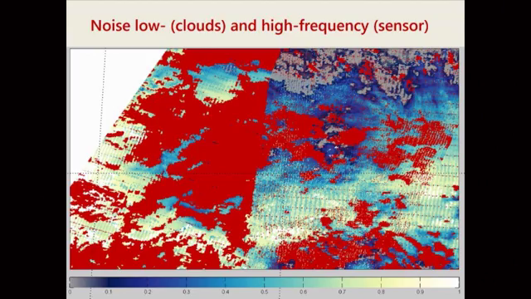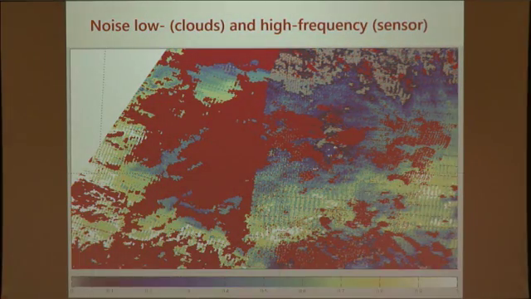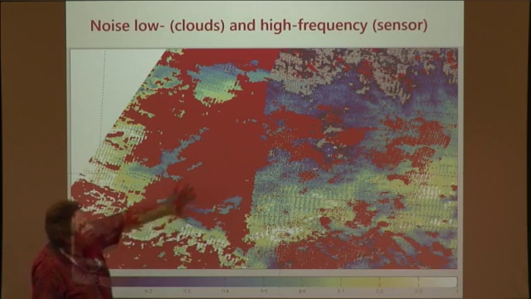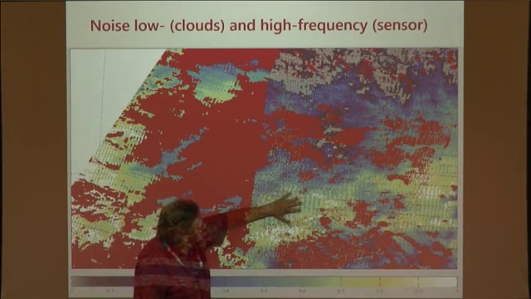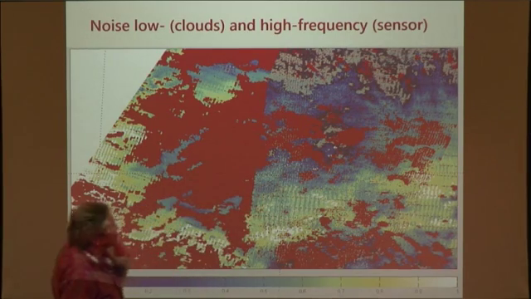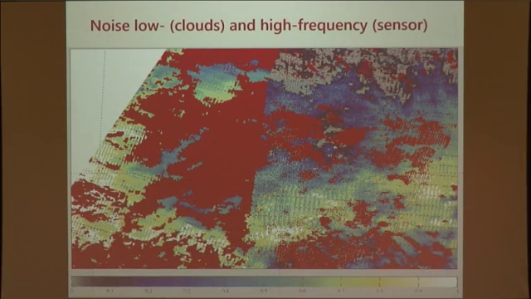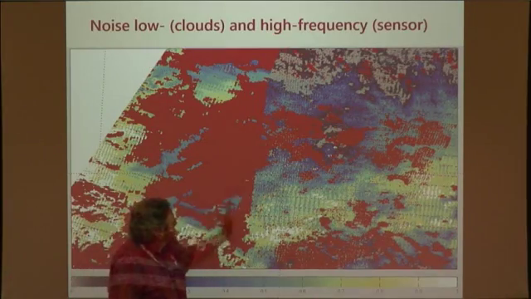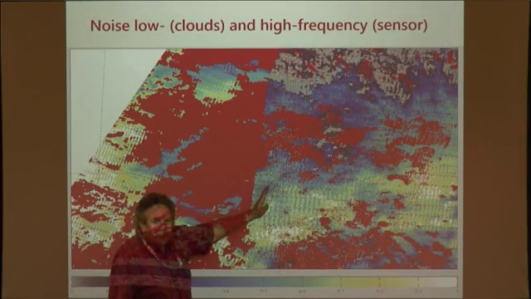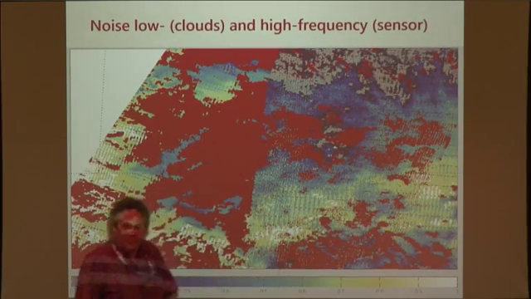If we zoom in on some of these areas, we can see, again, both this low frequency noise that we can identify, but also some high frequency noise. Not only that, we see this break in the image right in the middle, and the reason for that is that this image was stitched together from two different orbits.